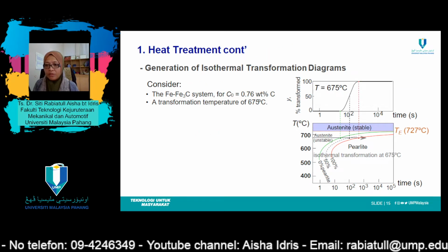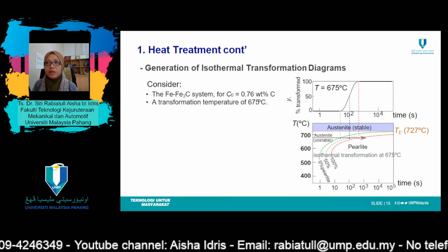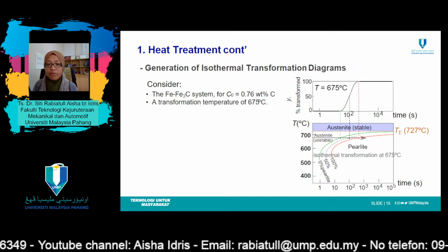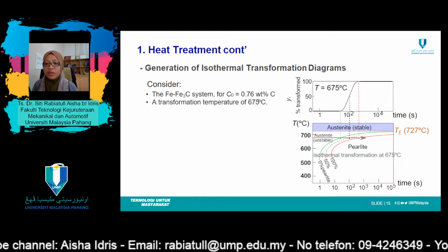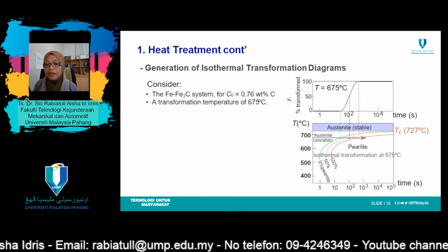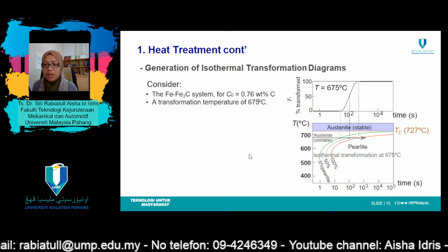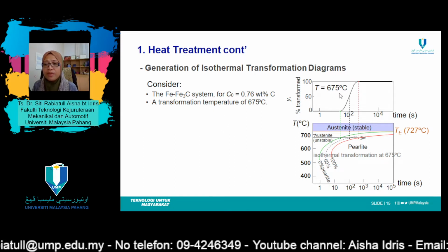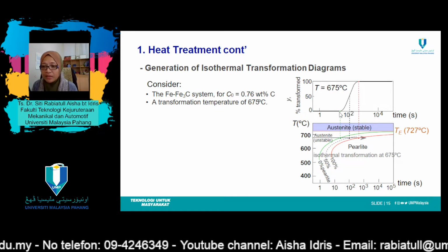So, for example, we use the iron carbon steel phase diagram or system, whereby we use C not equal to 0.76 weight% of carbon. If you notice here, the cooling temperature reaching 675 degrees C and maintain at that temperature.